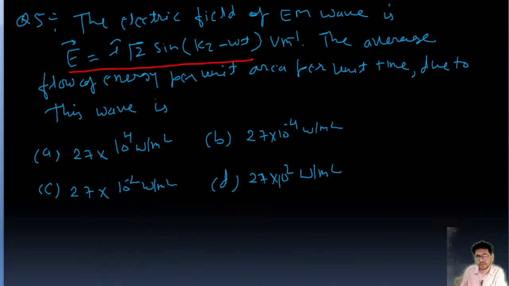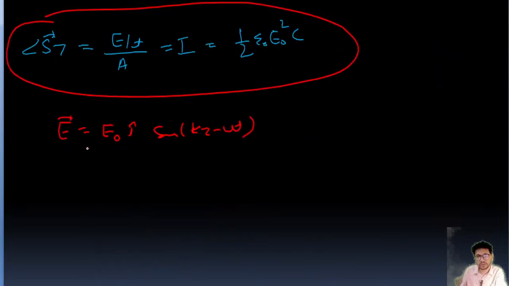This one, kz minus omega t. Okay, so I is going to be a half epsilon 0 E naught square.